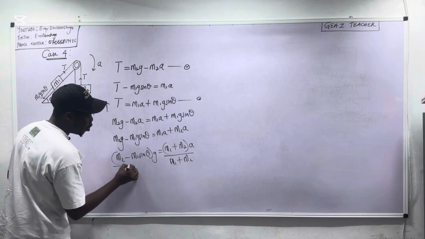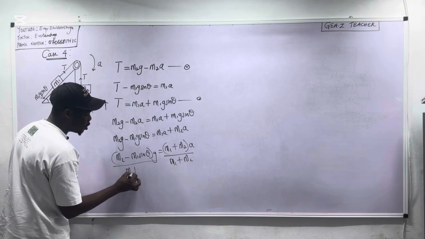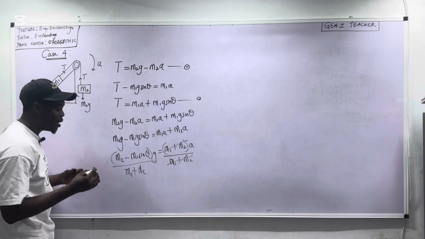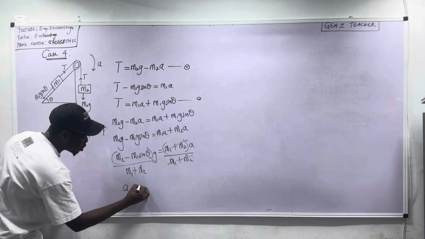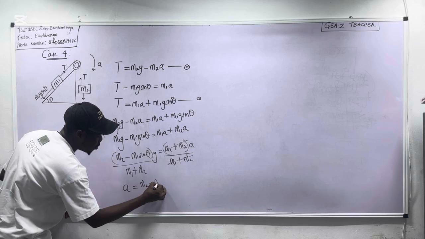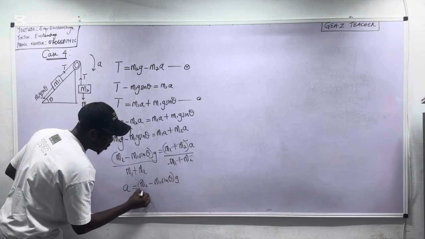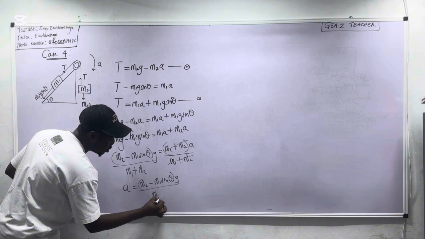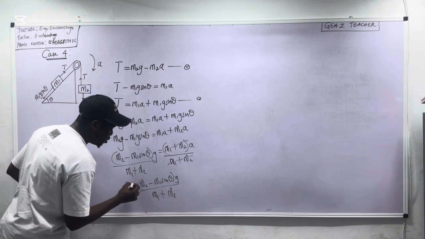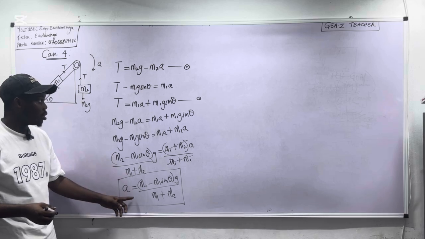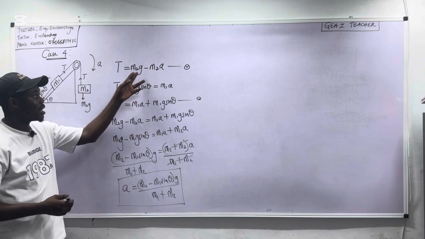So this takes out this. We can say finally that the acceleration becomes (m2 minus m1 sine theta) all into g divided by m1 plus m2. So this is the formula for finding the acceleration for case 4, and these are the ways to find the tensions.